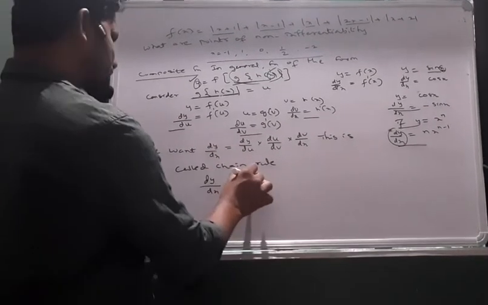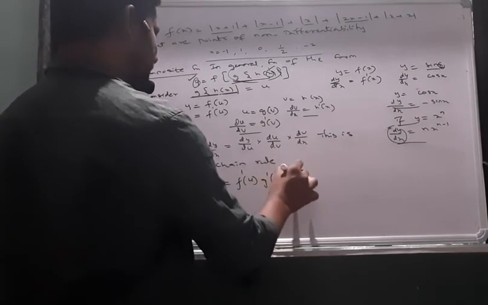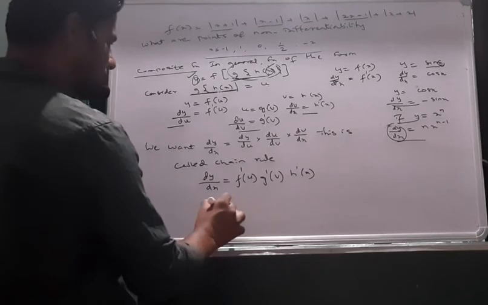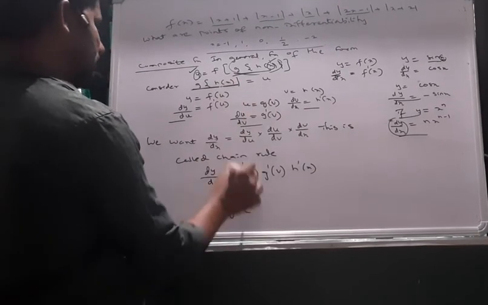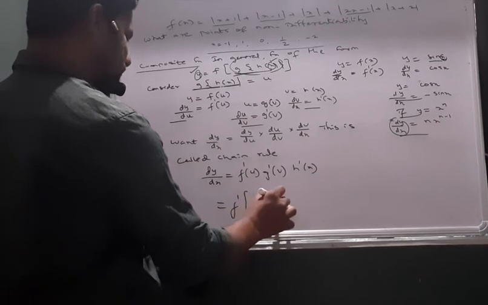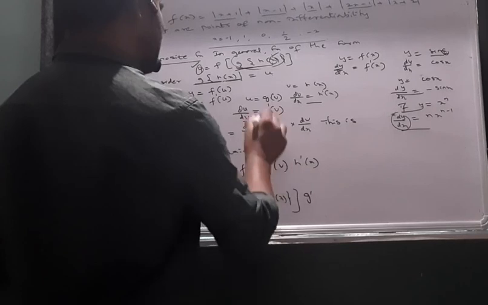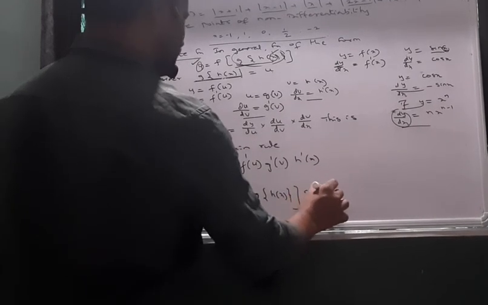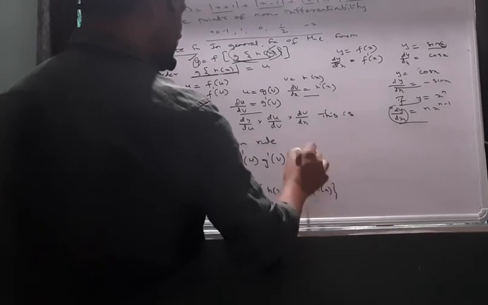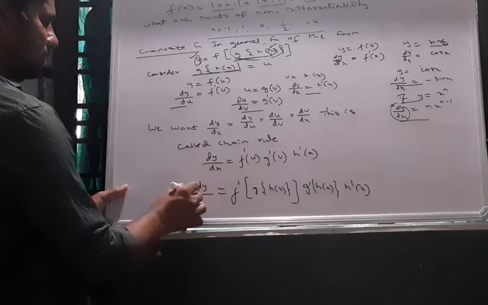Now I will write du by dv is g dash of v, and dv by dx is h dash of x. Therefore f dash of u, where u is g of h of x, then g dash of v, where v is h of x, then h dash of x. So this is the derivative of the composite function.